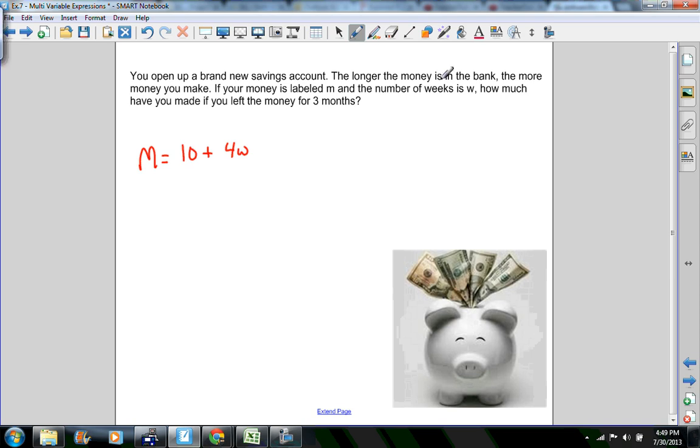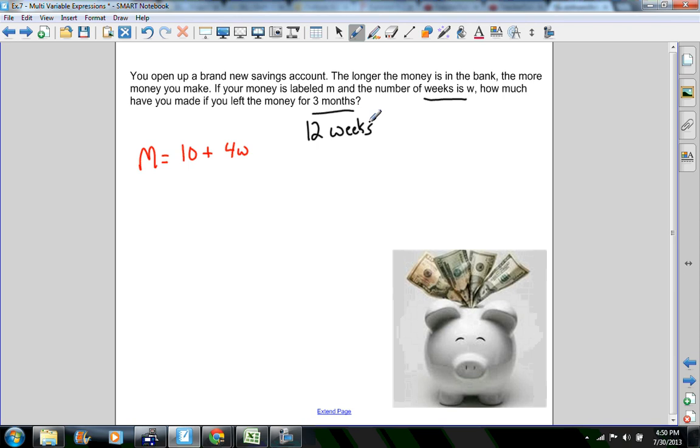The first thing you think about is if it's weeks is W and it's 3 months, we got to convert that. So we have to change that 3 months into 12 weeks because there is obviously 4 weeks in a month. And then we're going to put that 12 into the equation.